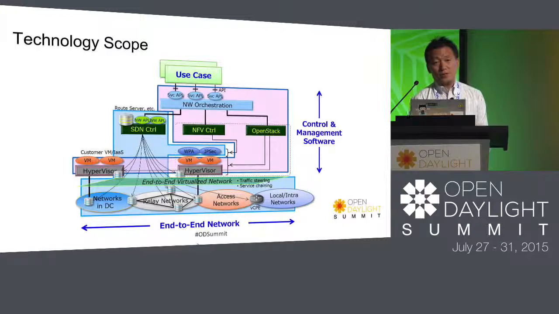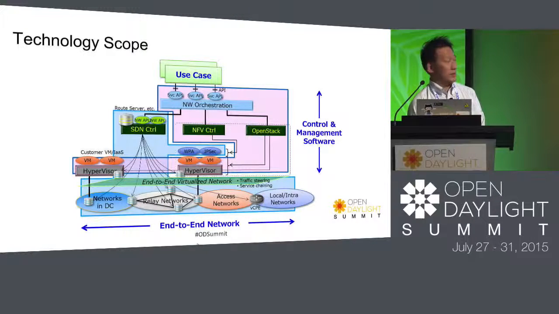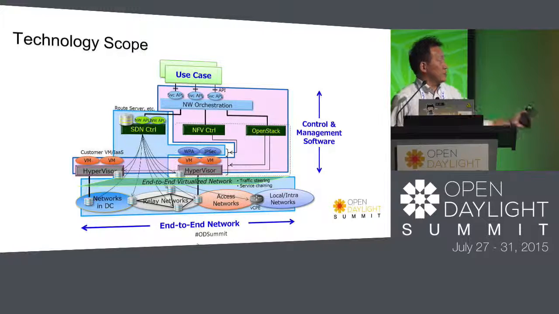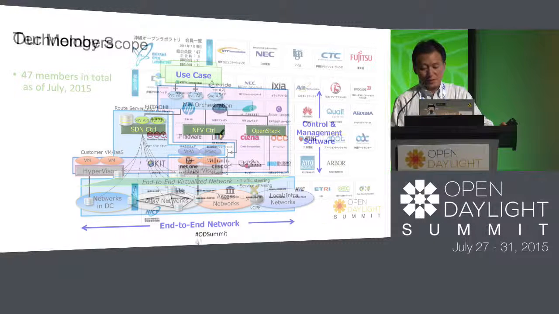Of course, we think about use cases with many users and engineers. In Okinawa Open Laboratory, telecom carriers are thinking about NFV, OpenStack, and SDN, and the end-to-end network is our focus.